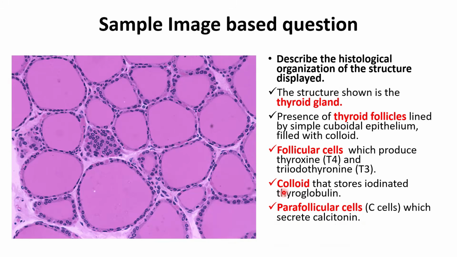Calcitonin, the one that regulates calcium in your body. And of course, like all glands, they contain a rich capillary network. Of course, they'll also contain nervous supply.